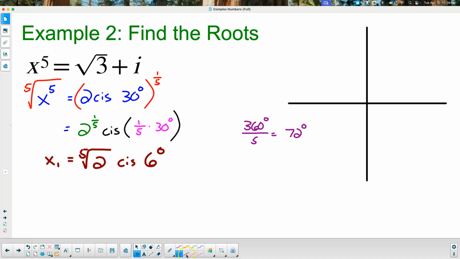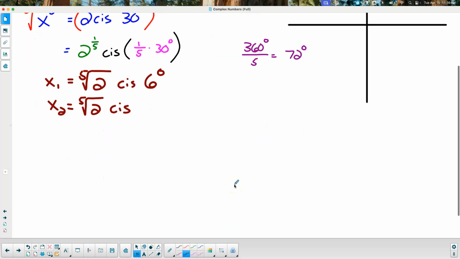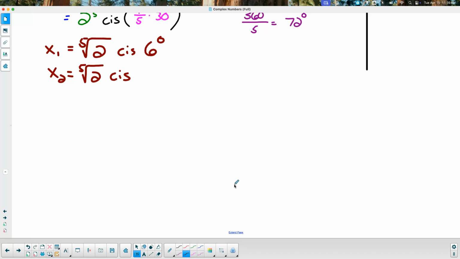Okay, so my next one then is at the 5th root of 2, CIS of 78 degrees.